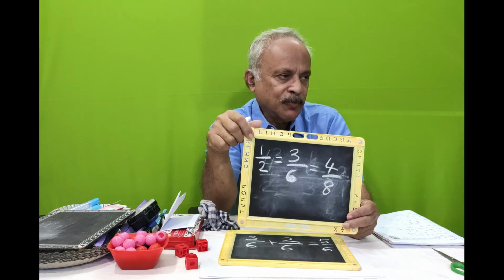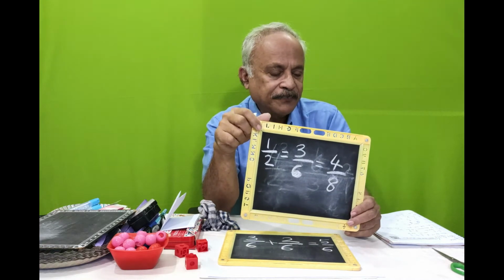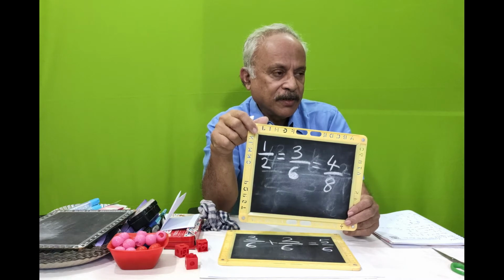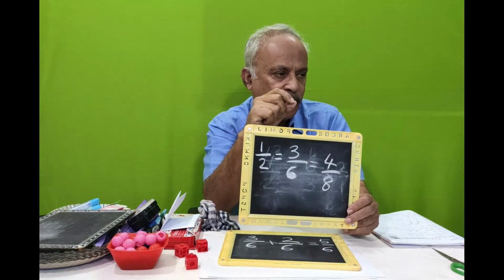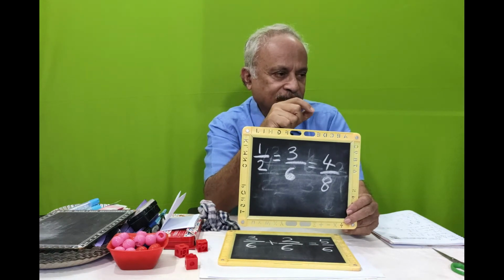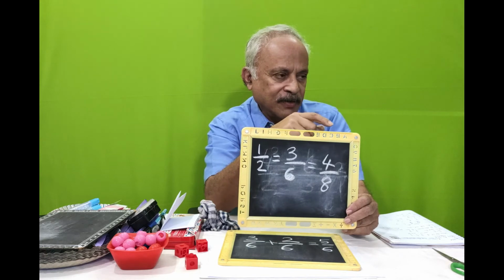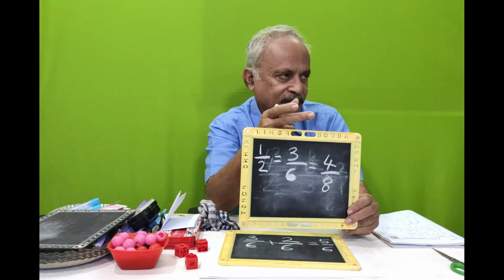So if you look at both sides, where are the pieces equal? In 1 by 3, you have pieces of different sizes. For 1 by 2 also you have taken different.